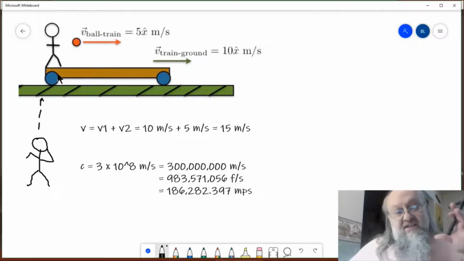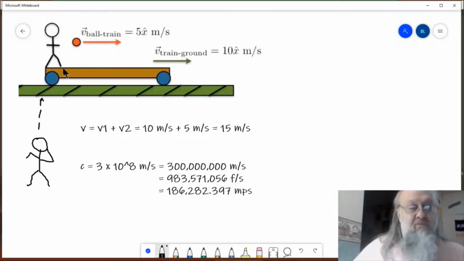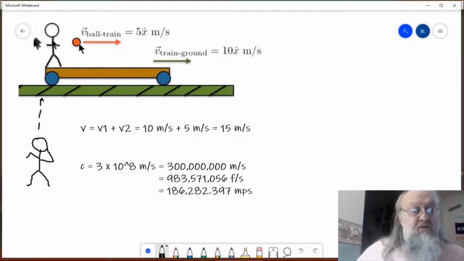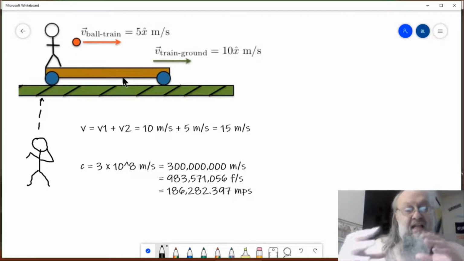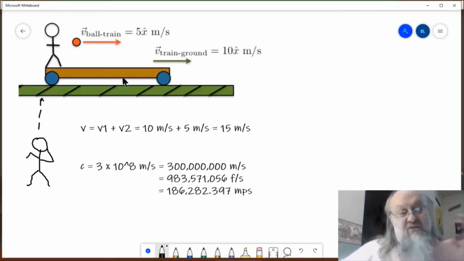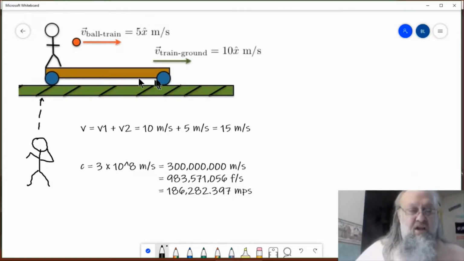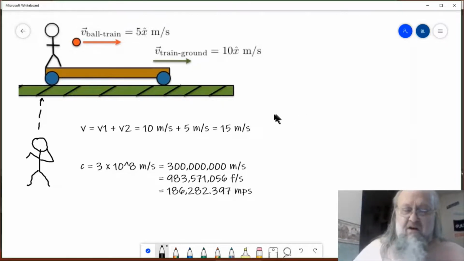Also, distances get shorter. So what you're seeing that you think is going 600 million meters per second isn't really going that fast, because when he's traveling near the speed of light, time stretches out and distances are shorter. Now, if that doesn't blow your mind, that is some weird stuff there.